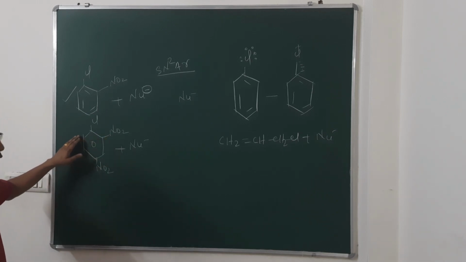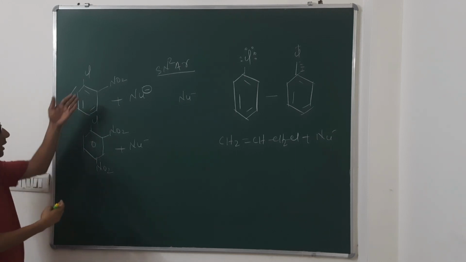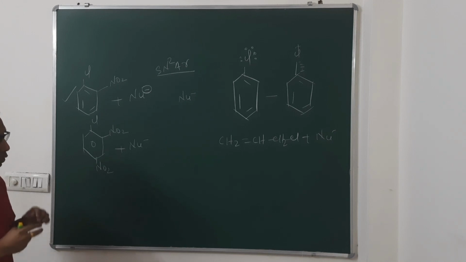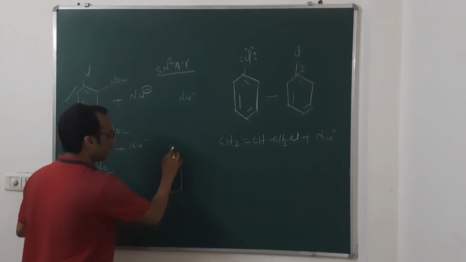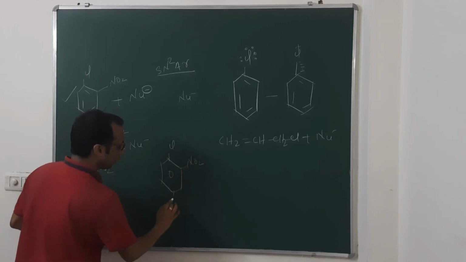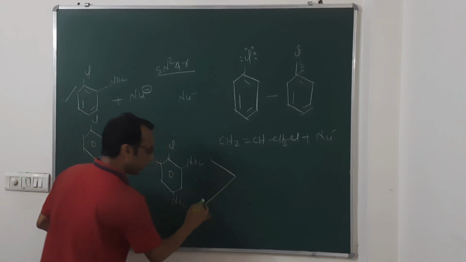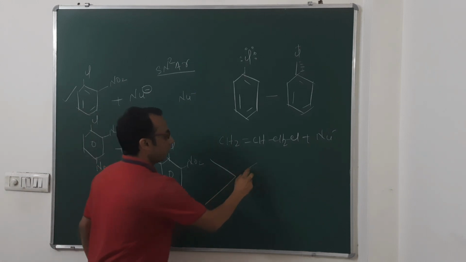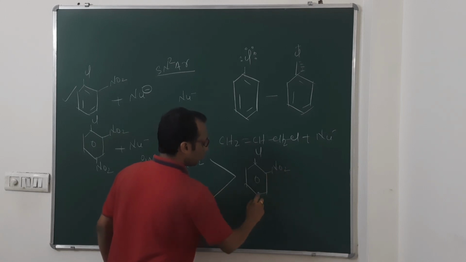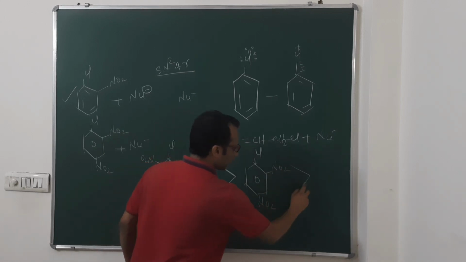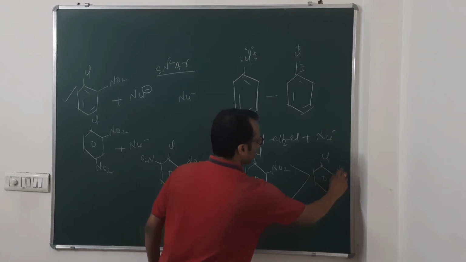Suppose one more electron withdrawing group is attached here, that will be the fastest of these. So if you have a compound with chlorine, NO2 and NO2, the SNAr is faster than with chlorine and one NO2, and a compound with three NO2 groups is faster still.